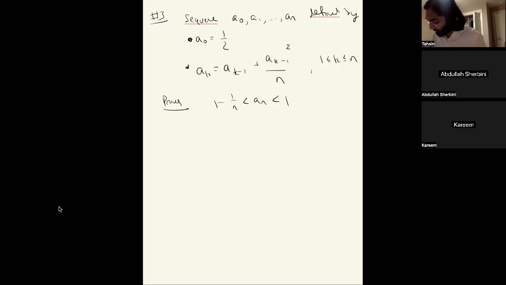So you have some sequence and you want to bound the last term, basically. I guess it's a pretty tight bound as well. Any ideas where we can start?